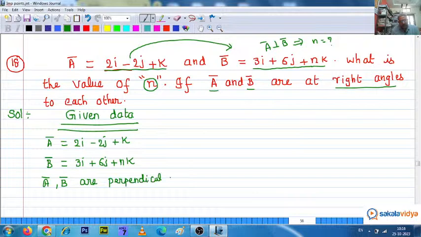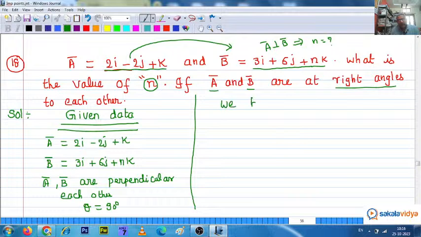What do you mean by perpendicular? The angle between them is theta equal to 90 degrees. So that means we have a dot b is equal to 0. Find a dot b and equate it to 0, so that we can find out the unknown value.